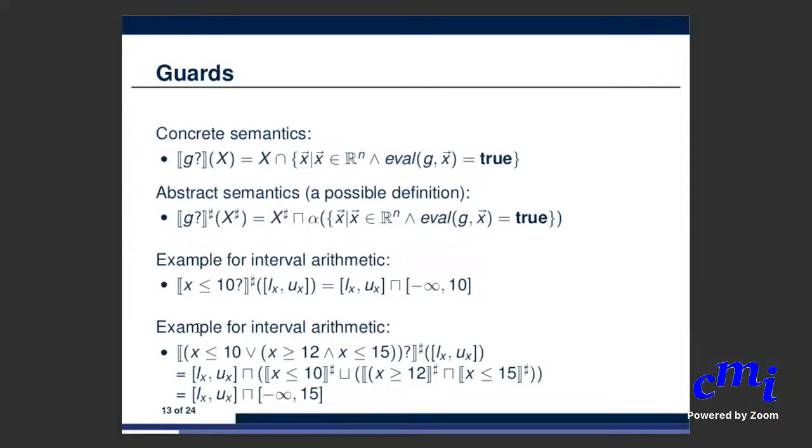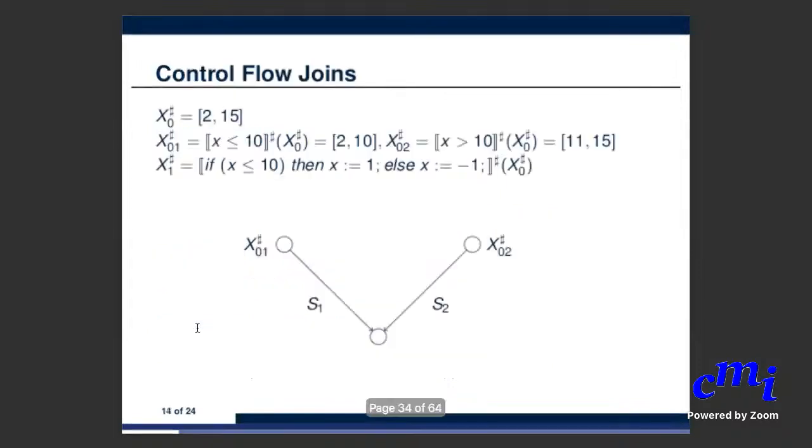Taking the union is just extending the interval so that both of them are included. That's how you do it. Now, once you have this, you can propagate across if-then-elses.